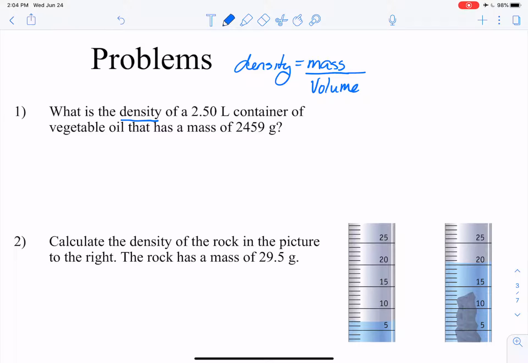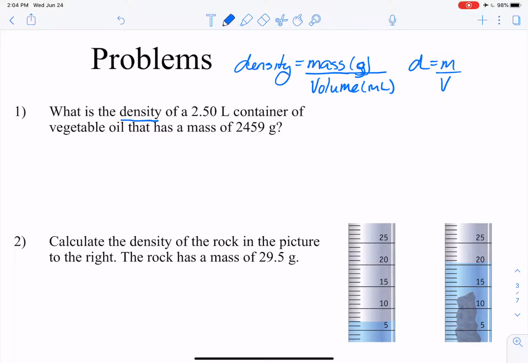And remember, we want that in grams per milliliter, or cubic centimeter, or centimeter cubed, either way.